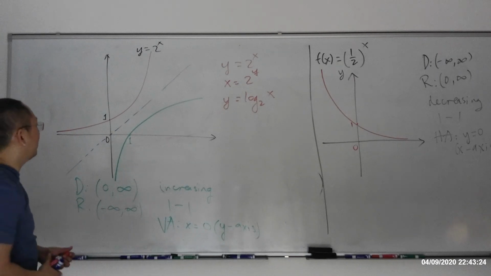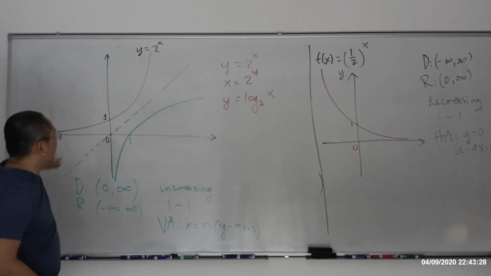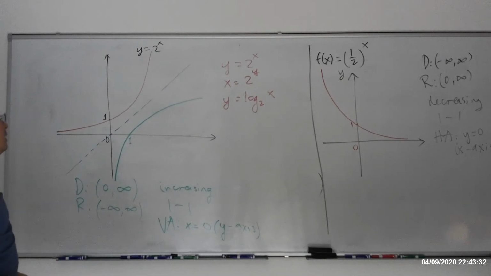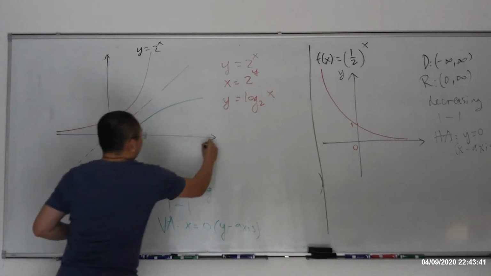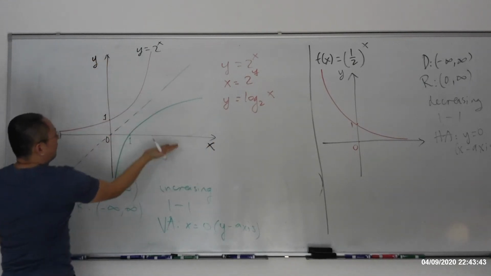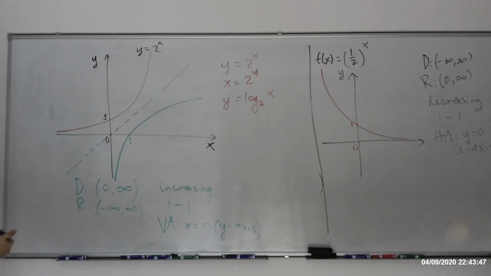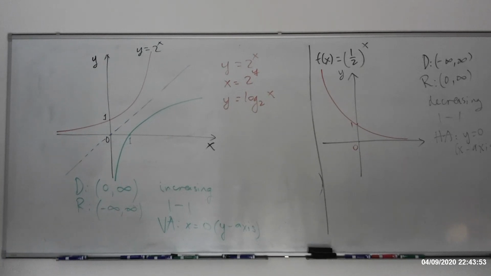Okay, and imagine that if you fold the graph along the bisector, then the graph of the exponential function and the graph of the log function line up on top of each other, because pretty much we're interchanging the roles of x to y and y to x, right? Folding along that line, the x-axis now becomes the y-axis, and the y-axis now becomes the x-axis. The graph is symmetrical along that bisector line.